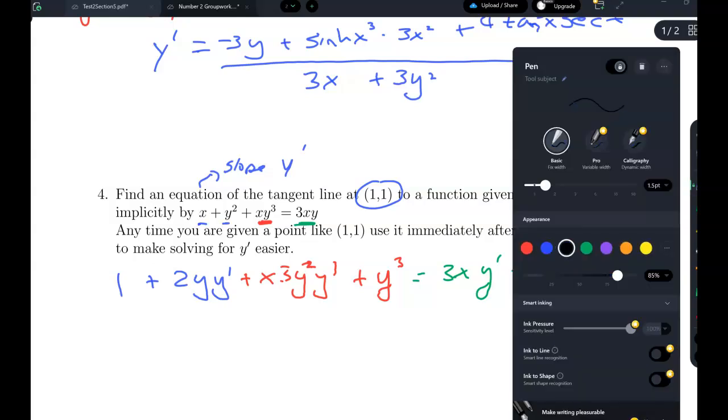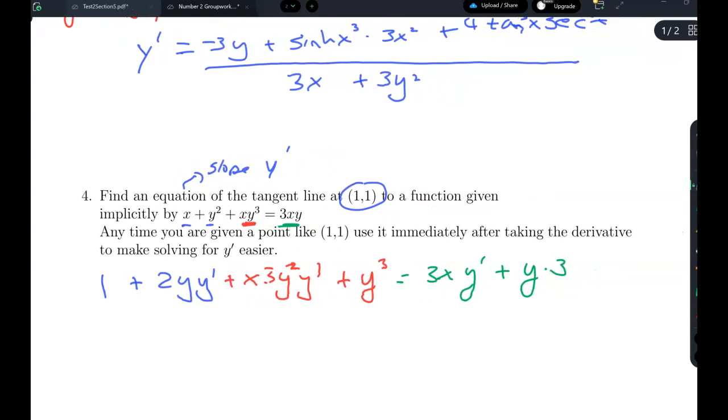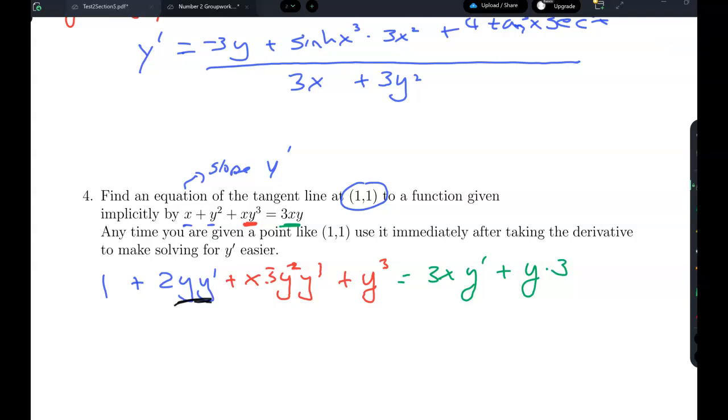Okay, so let's identify the y prime terms. So y prime terms are here, here, and here. So I'm going to subtract this one to this side. So I'd have 2y, y prime, plus 3x, y squared, y prime, minus 3x, y prime, equals, okay, so I got this 3y here.